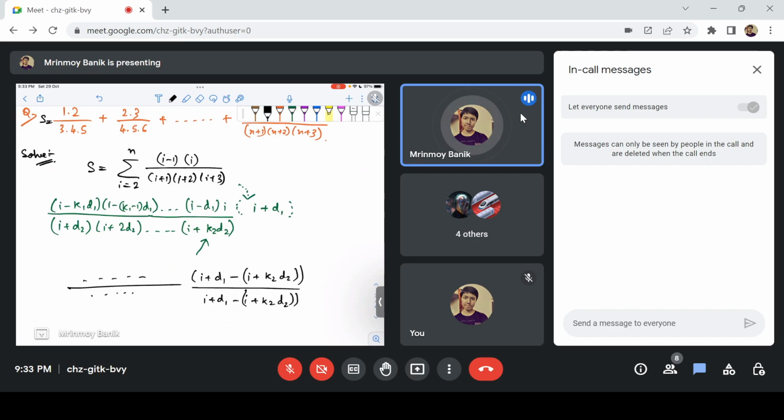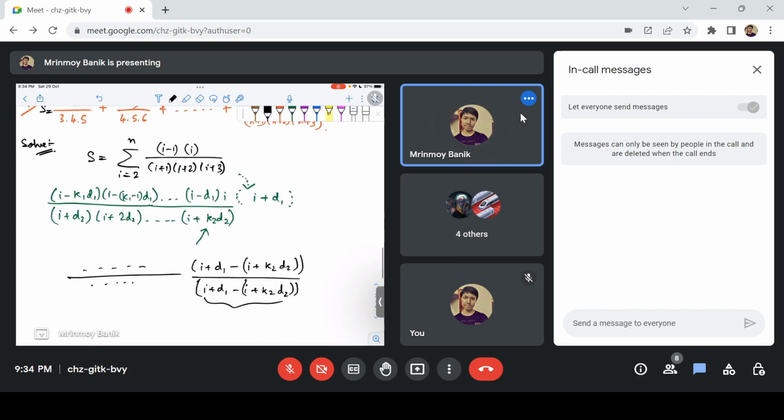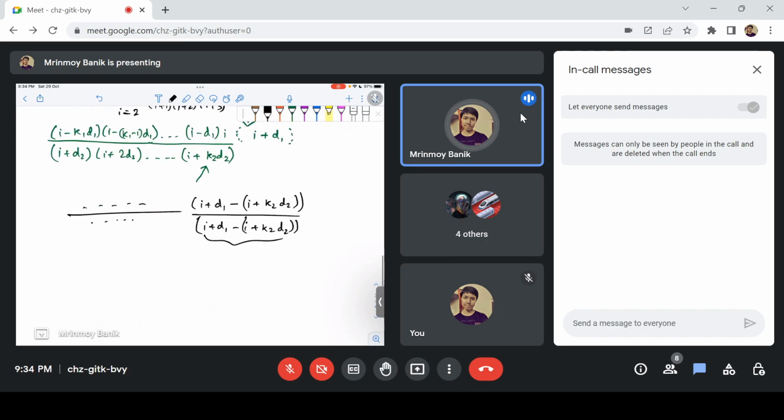This is just a constant factor, so you will take this factor out of the sum, and then you will see how this thing helps us to write it as a difference of two polynomials. So let's see that.